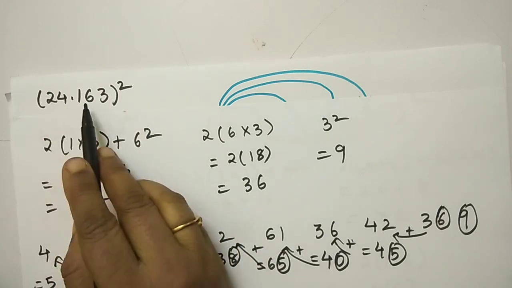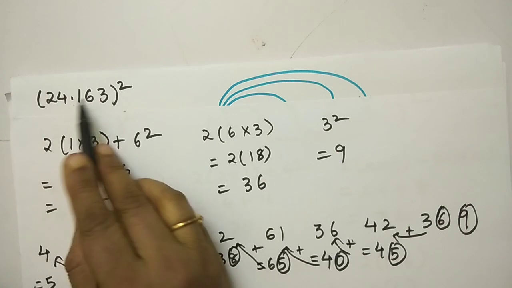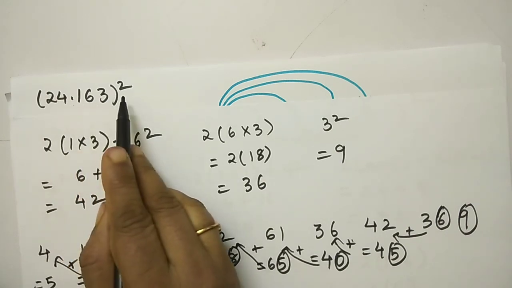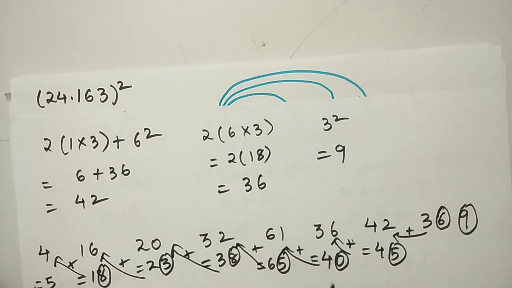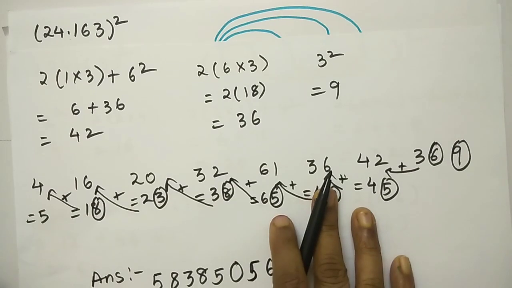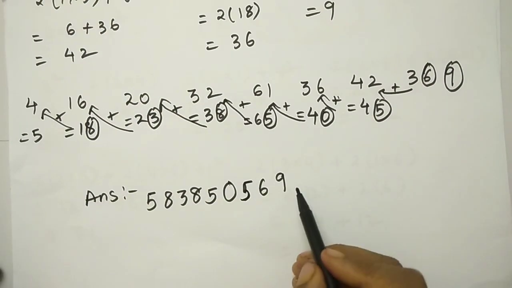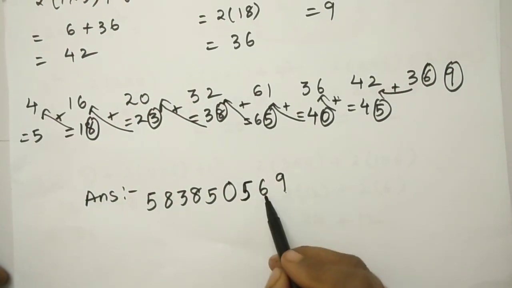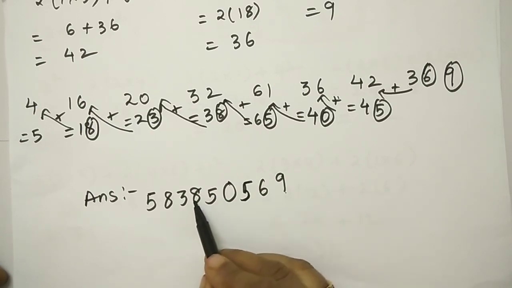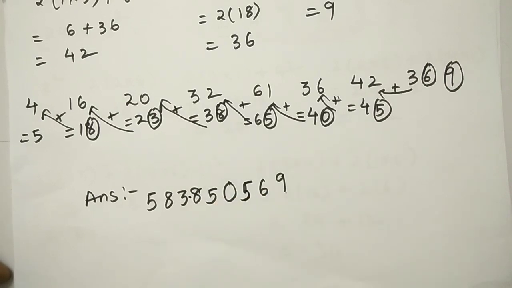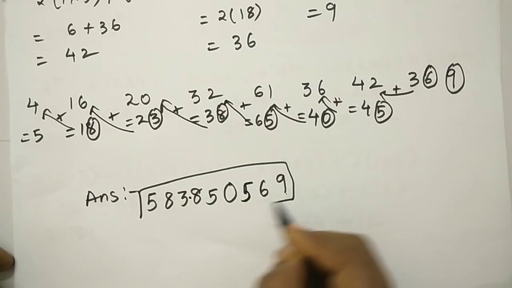Again I am repeating: after the decimal point you have 3 digits, so square means 3 plus 3, 6. So in the answer you have to get 6 digits after the decimal point. Come to the answer now. Count from the back side: 1, 2, 3, 4, 5, 6. Here put down the decimal point. This is the final answer.